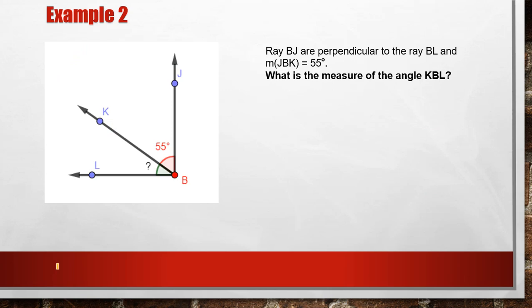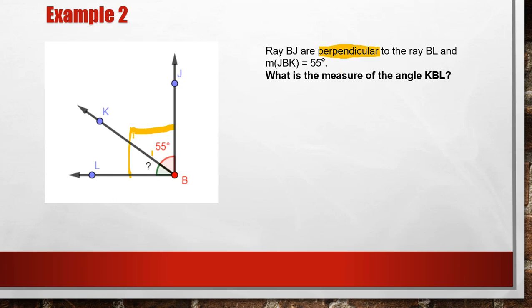In example 2, ray BJ is perpendicular to ray BL, and the measurement of the angle JBK equals 55 degrees. What is the measure of the angle KBL? We know that it's 90 degrees. It's a right angle because they are perpendicular.